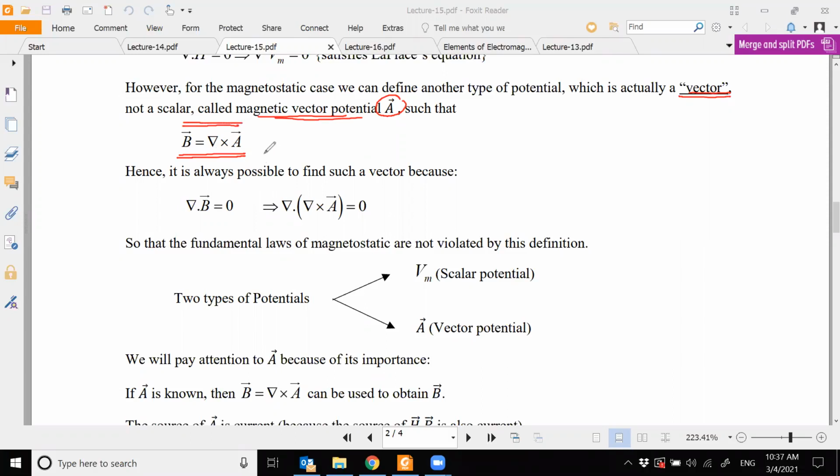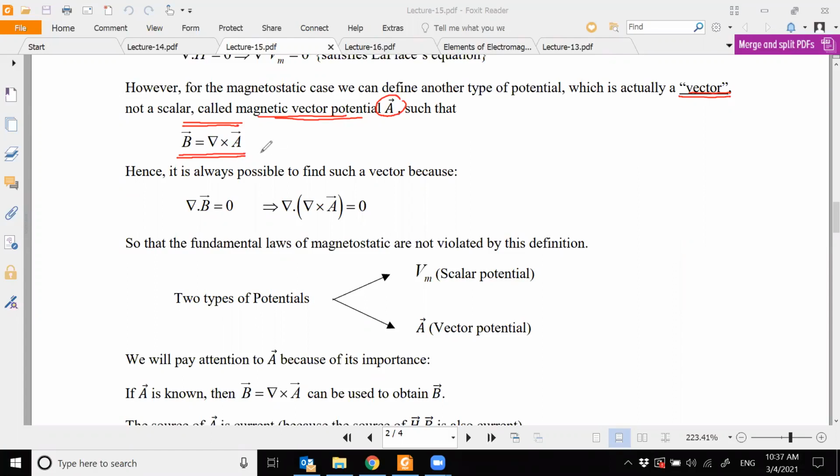We define it in this way because, if we use this definition, then both our Ampere's law and our Gauss's law will hold. There will not be any inconsistency.